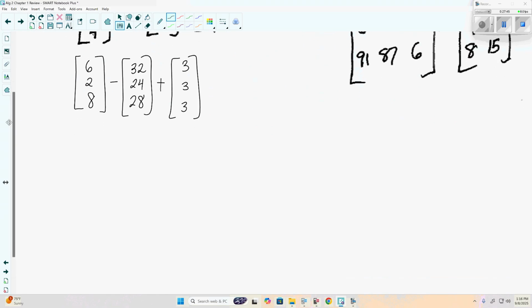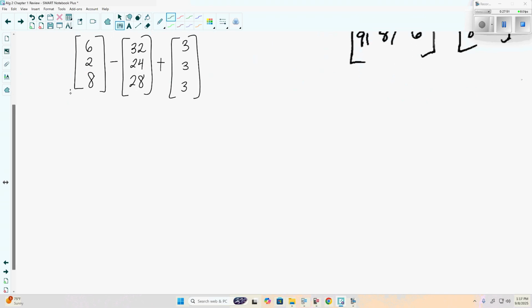So we get this here. Now the next thing we did in class is we take the first two matrices and subtract. 6 minus 32 is going to be negative 26. 2 minus 24 is negative 22. And 8 minus 28 is going to be negative 20.